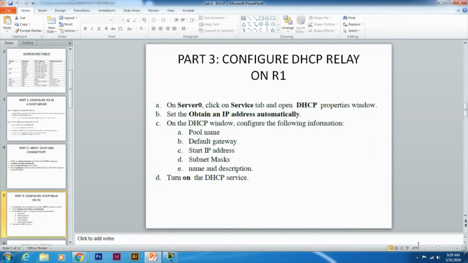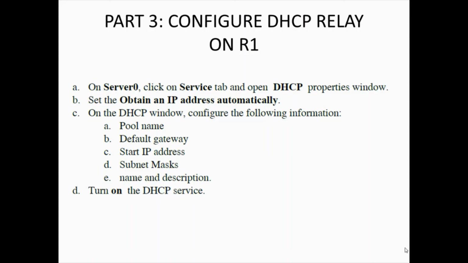So let us continue to the next part, which is we are going to configure DHCP relay on R1. I already explained what DHCP relay is during the lecture session.